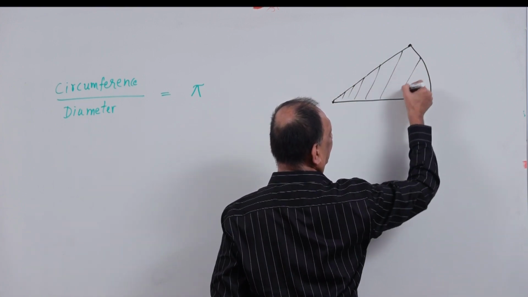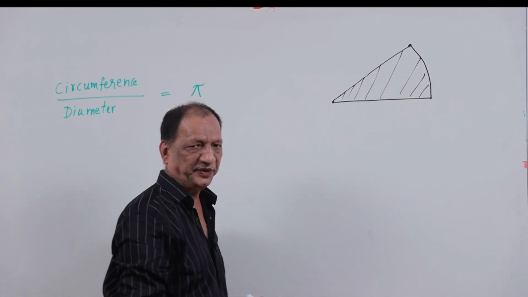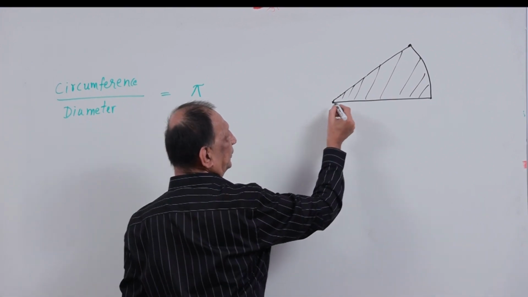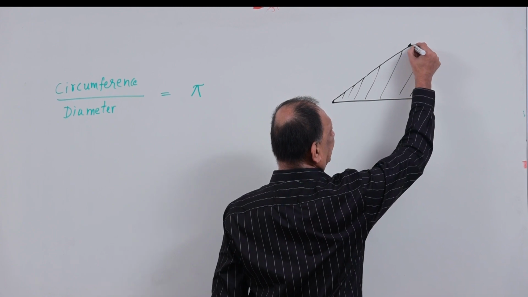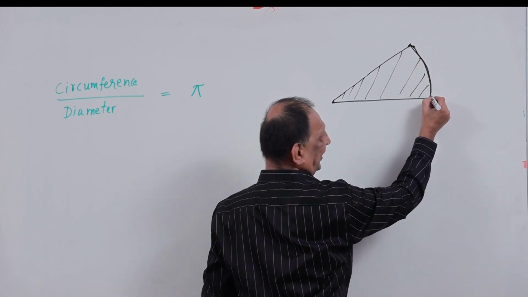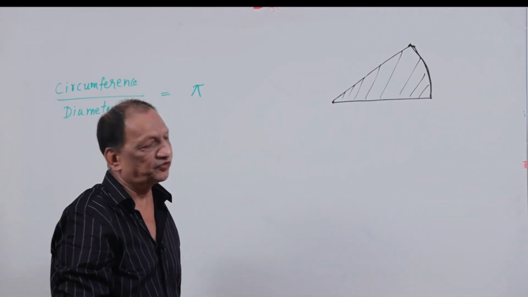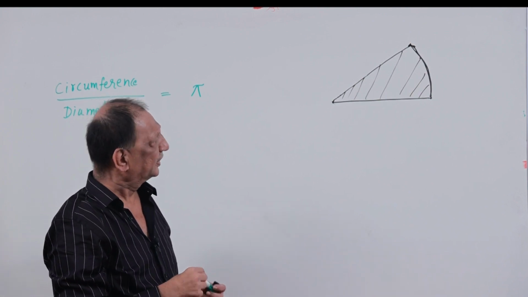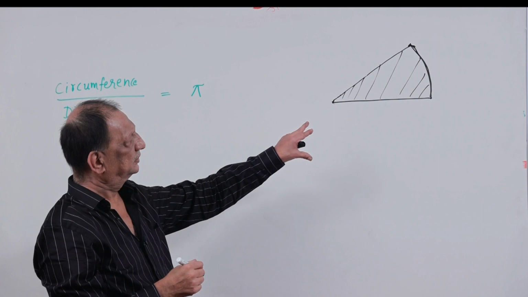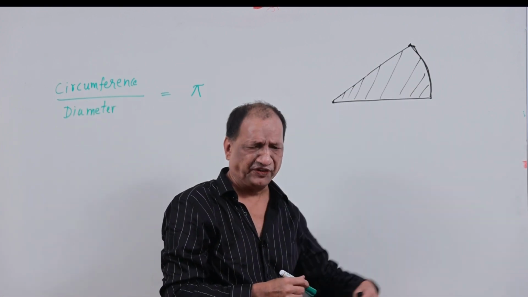Okay. There's a peculiar shape there because we got the two sides which are equal radius, and the third side is an arc, not a straight line. It's an arc. And we wish to find the area of this triangle. How do you find the area of this triangle? Construction is, area of the sector. How do you find that?